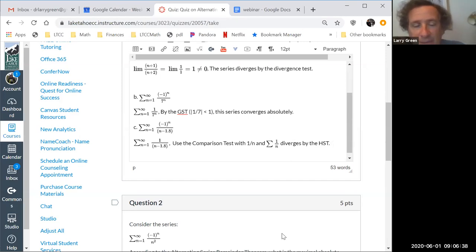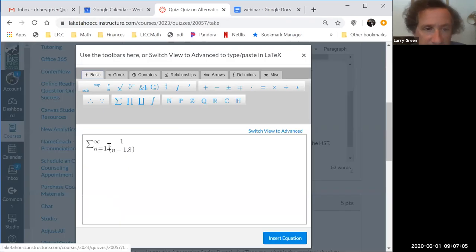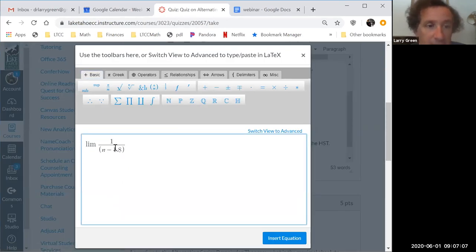Remember, the alternating series test takes a limit as n goes to infinity and checks to see whether you get 0 or not. So now we can take a limit as n goes to infinity of 1 over n minus 1.8. So instead of a sum, we're going to take a limit of that. What is the limit as n goes to infinity of 1 over n minus 1.8? 0.